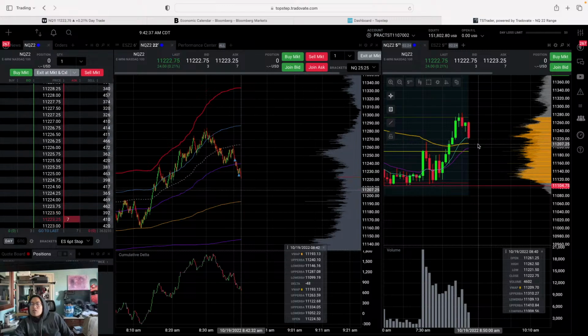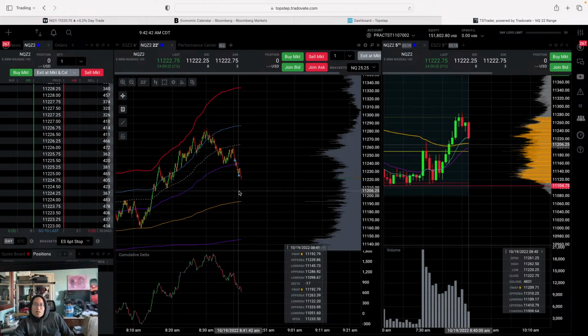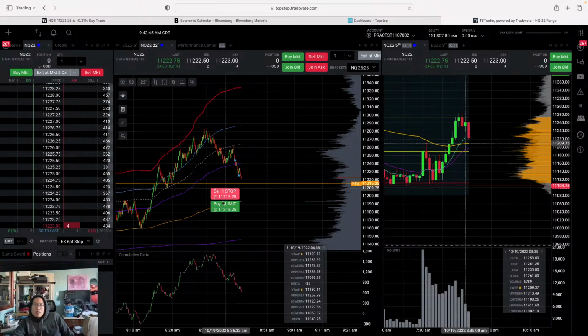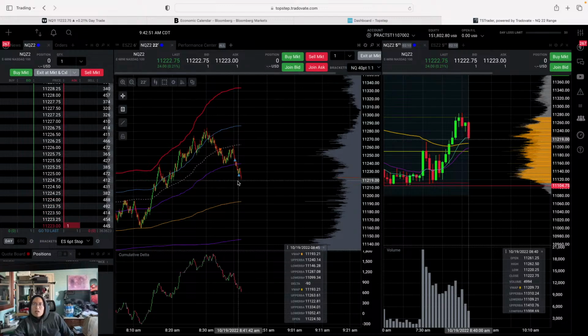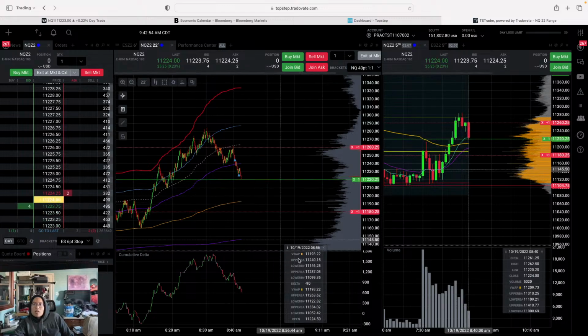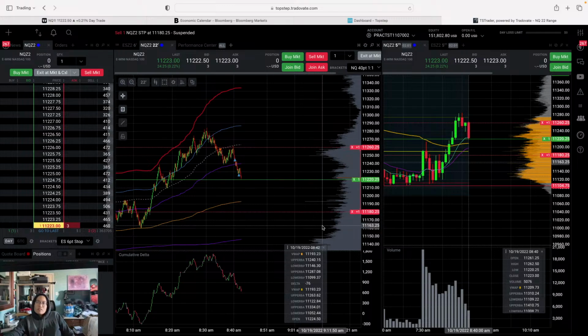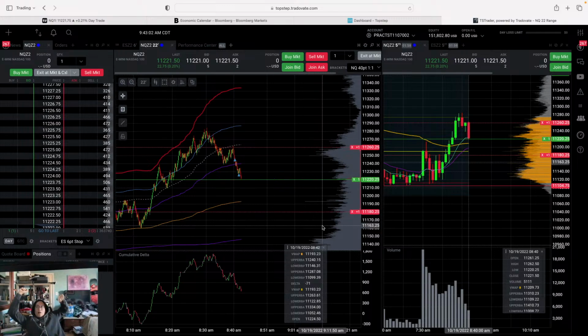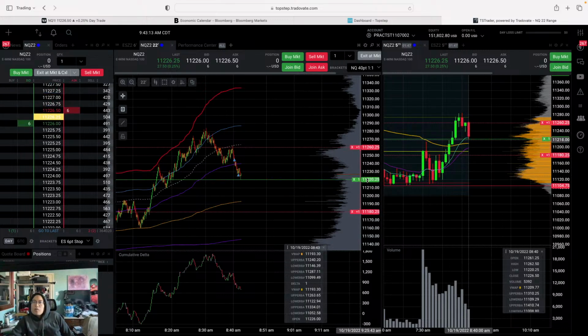This is 209, 23. If I was just playing EMAs and candles, I could do something like that maybe. The possibility is there. So we go back up to that.